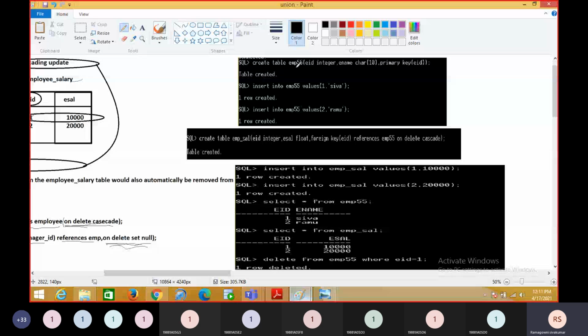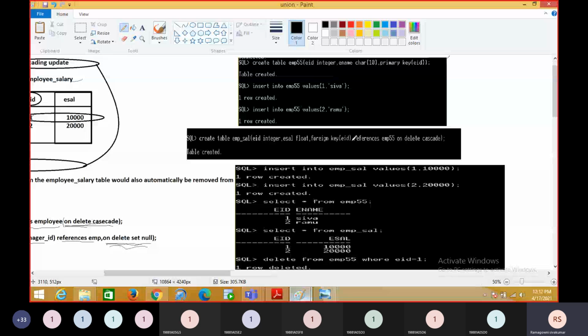I insert two values: ID 1 name Siva, ID 2 name Ram. Another table I created is the employee salary table, with attributes EID and eSalary, where salary is float and EID is an integer. EID is a foreign key that refers to the employee table, with on delete cascade. This one is important here.